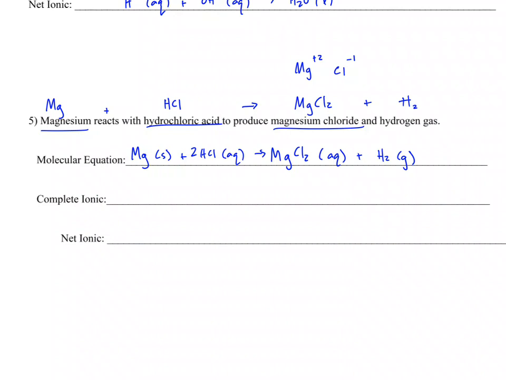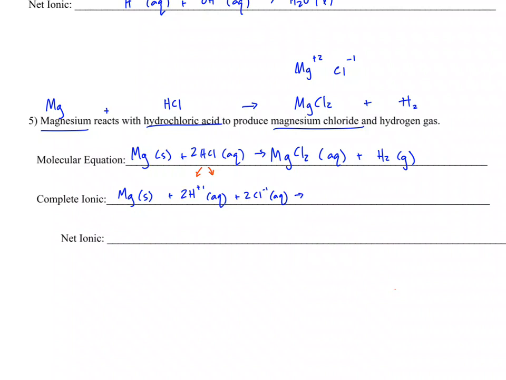All right, so the complete ionic equation. Magnesium is a solid, so it's not going to dissociate into an ion, so it's just magnesium plus 2 HCl. This is going to dissociate into hydrogen and chlorine because it's aqueous. So I have 2 hydrogens with a +1 charge plus 2 chlorines, because the coefficient 2 pertains to both elements.